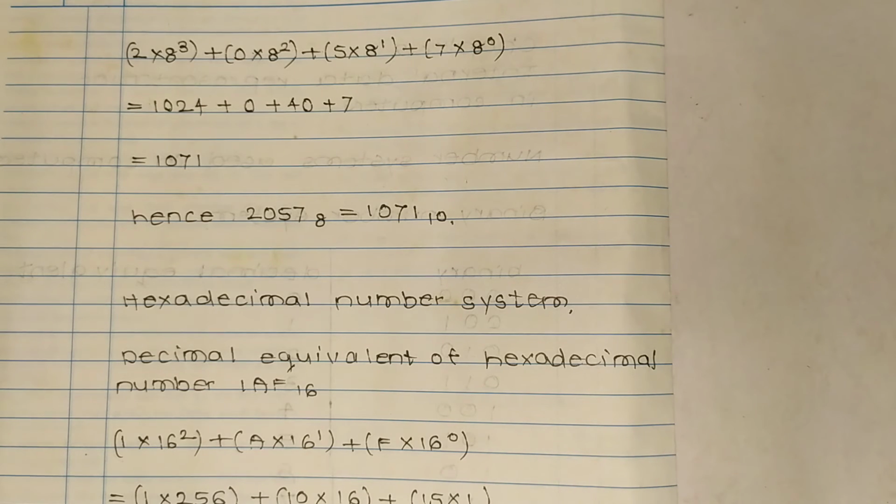Hence 2057 octal is equal to 1071 in base 10.